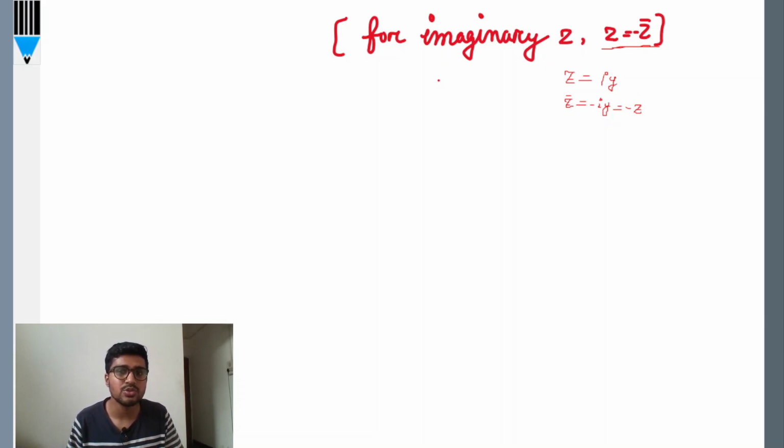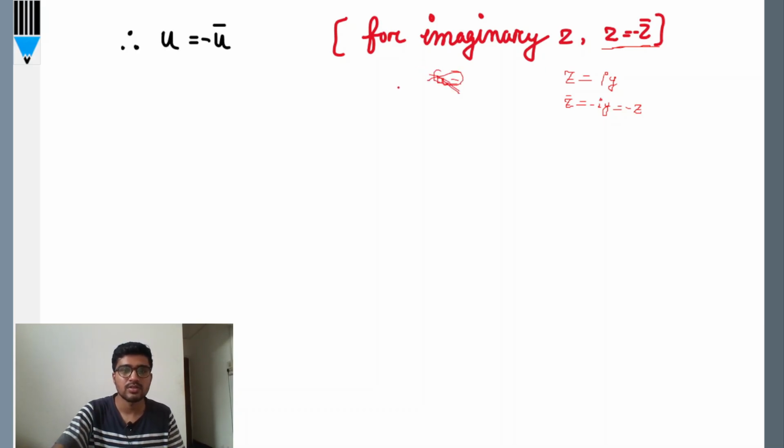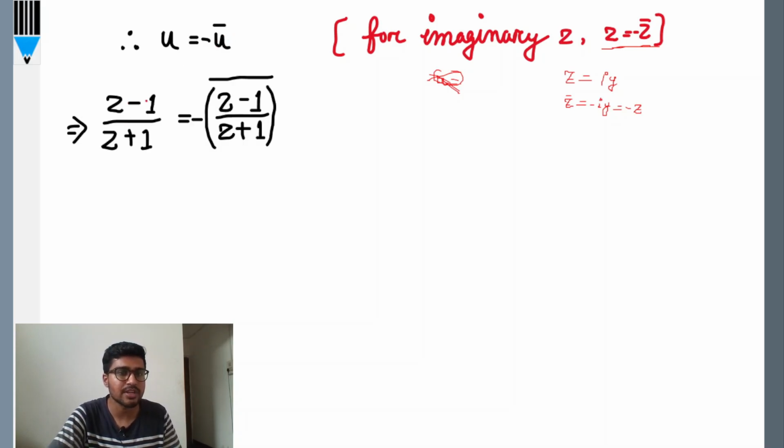Similarly for u, u bar equals minus of u, or u equals minus of u bar. Since u is (z minus 1) by (z plus 1), we get (z minus 1) by (z plus 1) equals minus of ((z minus 1) by (z plus 1)) whole bar.